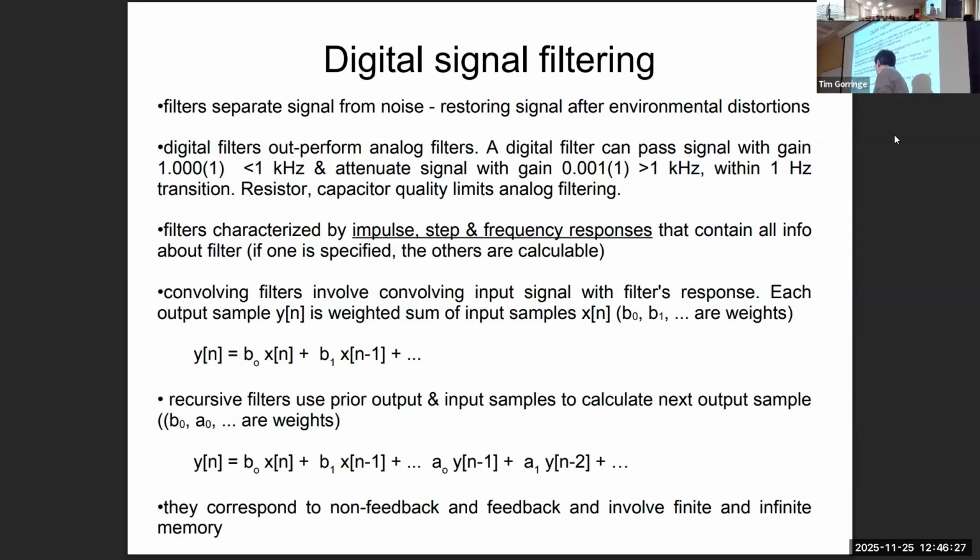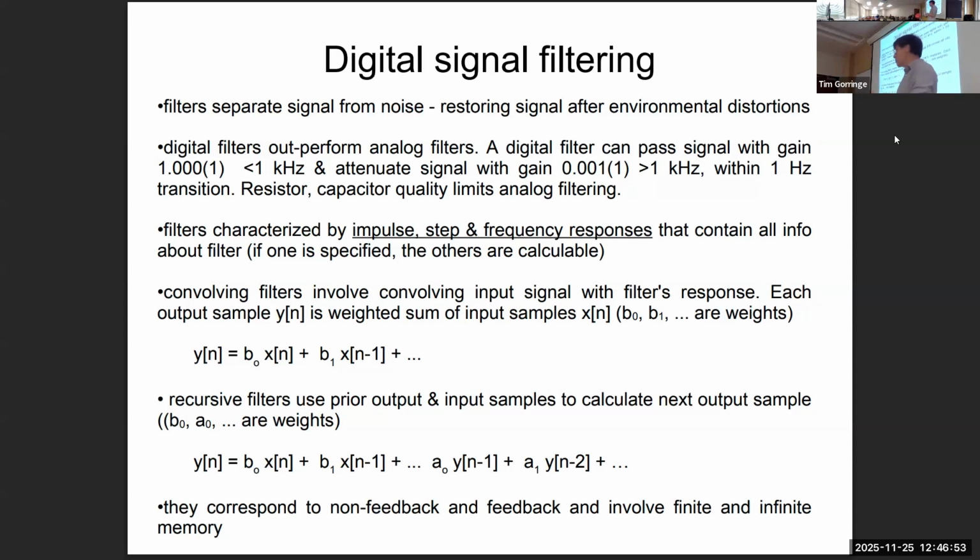In the recursive filter, you are feeding back the output. And so it's a filter with and without feedback. These two categories differ in that a convolving filter has some memory of the input, depending on how many samples you walk back.